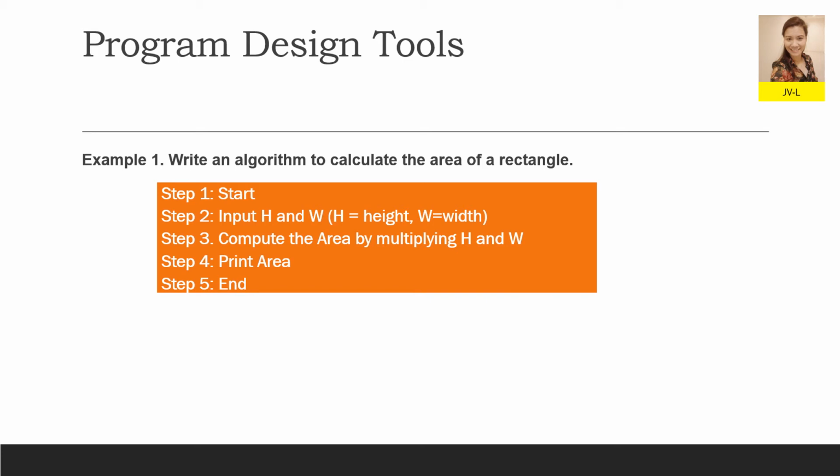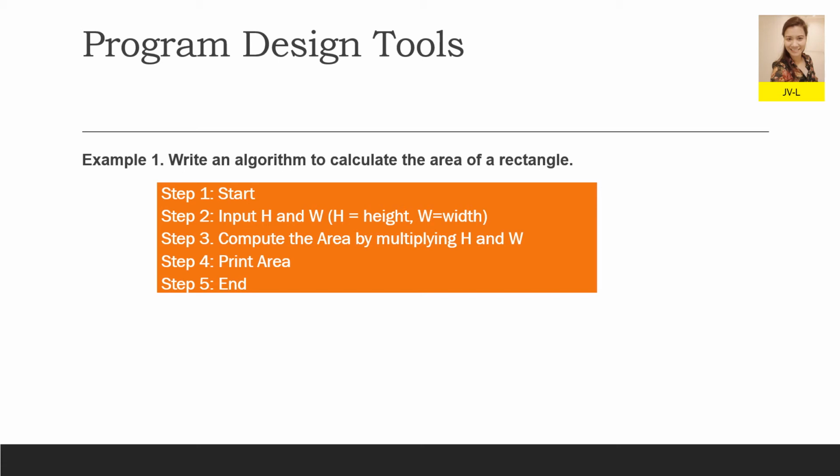In step number 3, we are going to compute the area by multiplying H and W. For step number 3, we decide what operations to use. Step number 4, we are going to display or output the result of the computation.